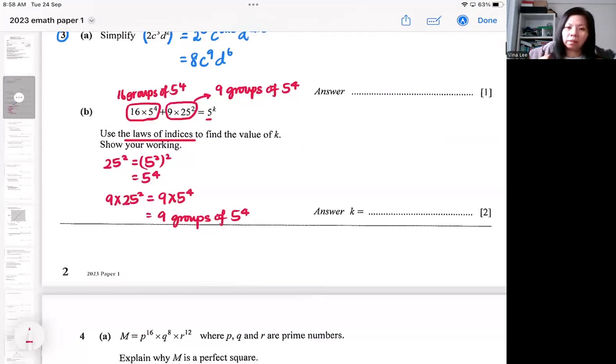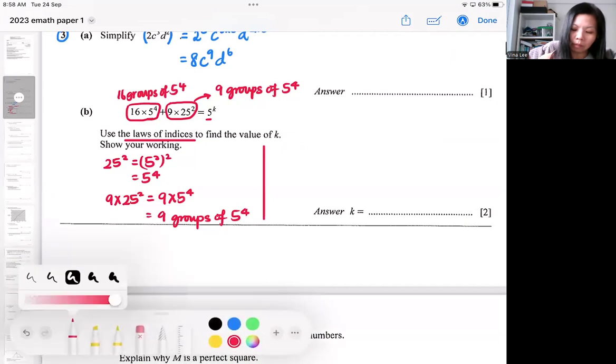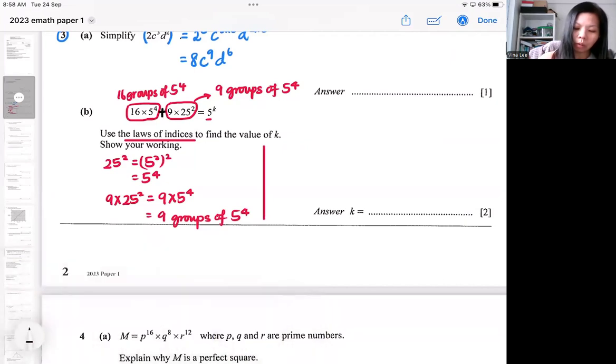Once you see 16 groups and 9 groups, now you're going to add them up together. It's an addition, so you're adding the groups.